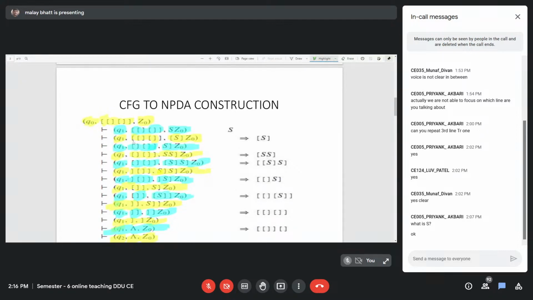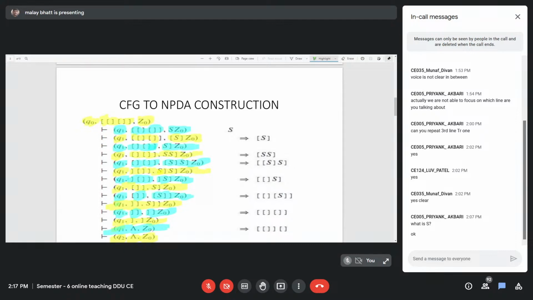Now what will happen? The opening bracket in the input is matching with the opening bracket on the stack. The reason is that when you get a terminal symbol on the stack, it will match with the terminal symbol in the input, and at that time we'll perform the pop operation.